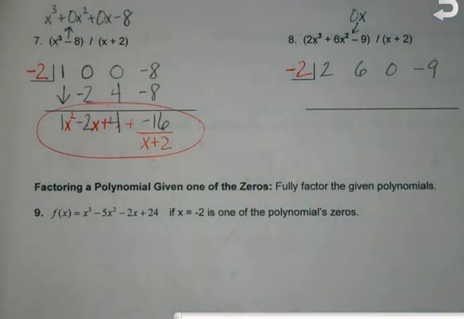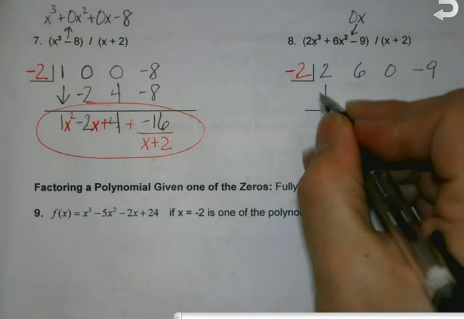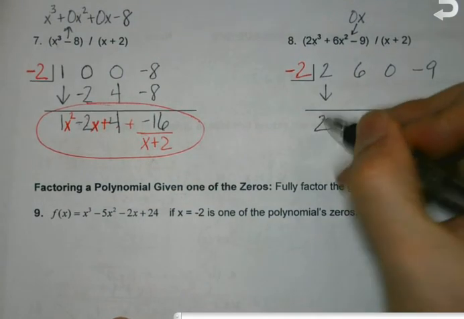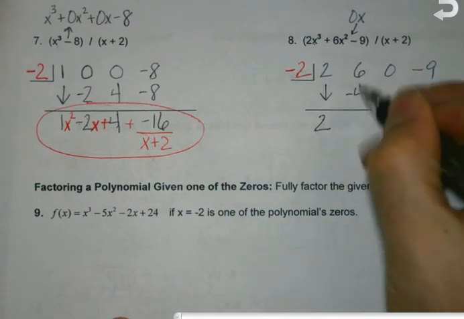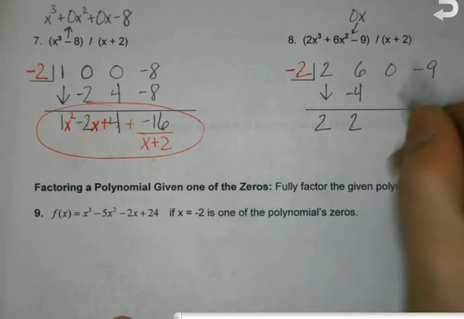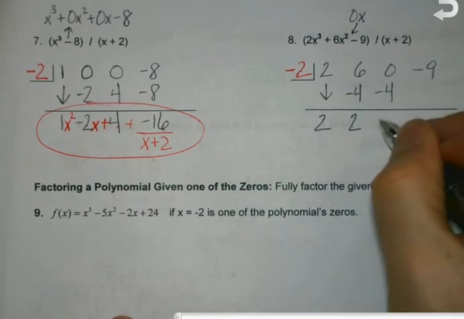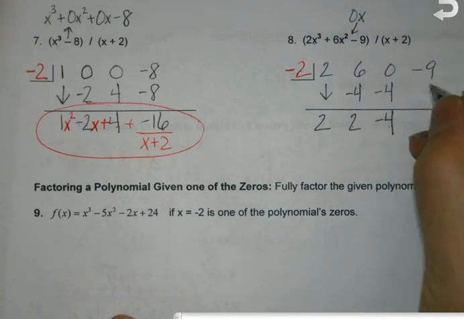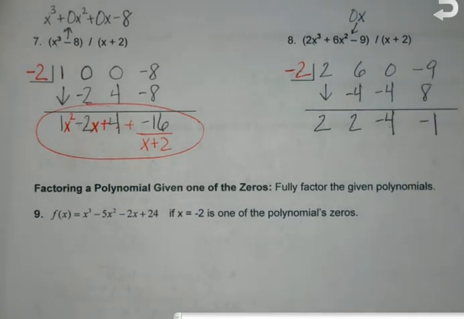If I can remember that one little thing, that's going to make this easier. First number gets pulled down, then start the multiply and add game. Multiply and add. Multiply and add. Multiply and add.